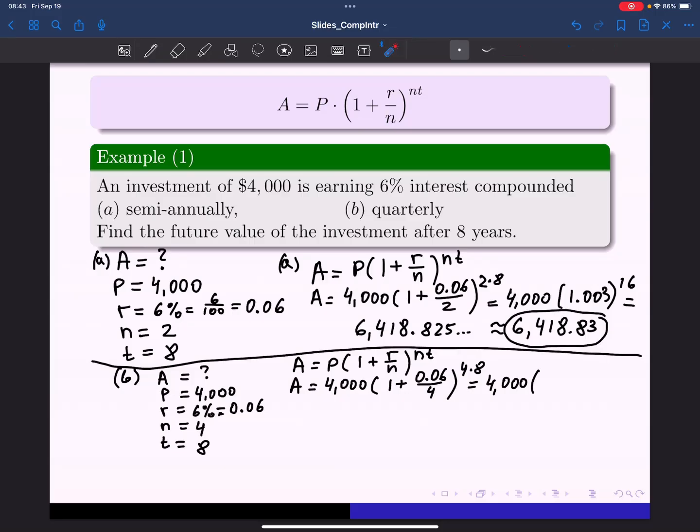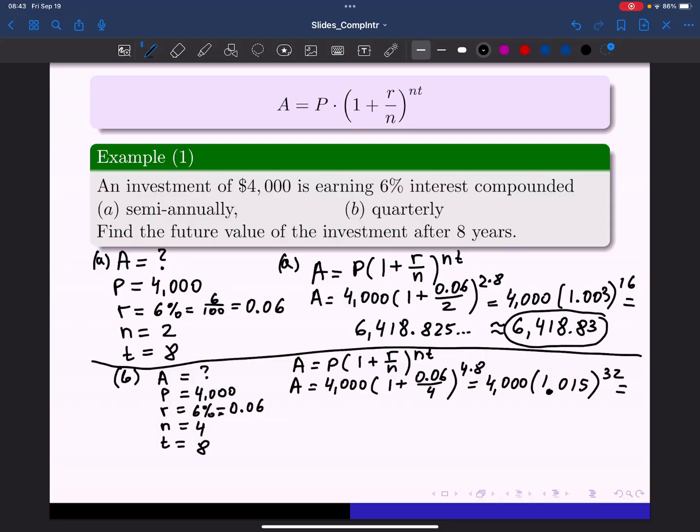So this is equal to 4,000. Now if I divide 0.06 by 4, that is 0.015, plus 1. So that would give me 1.015 to the power, and 4 times 8 is 32.